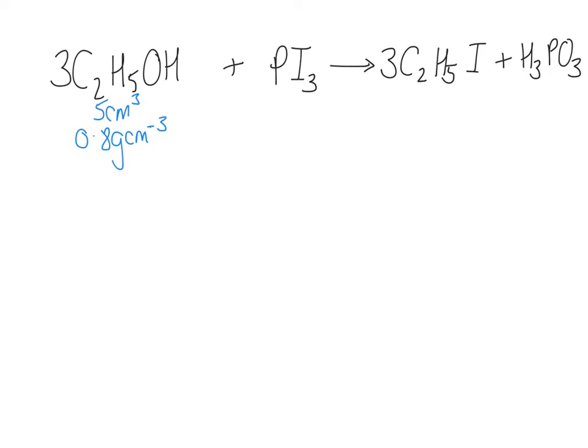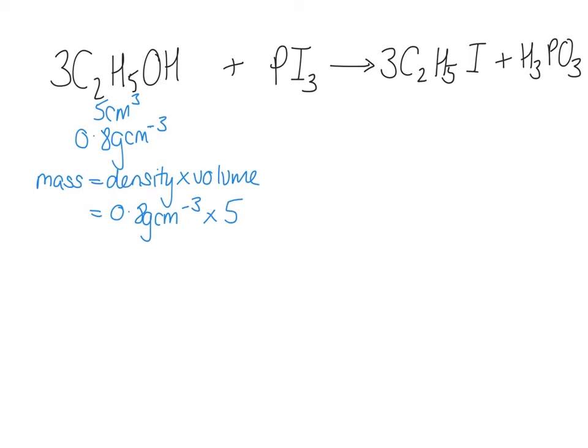So rearranging our density equals mass over volume equation, we get that mass is equal to density times volume. So that's equal to our density, which is 0.8 grams per centimetre cubed, times 5 centimetres cubed, which is our volume.